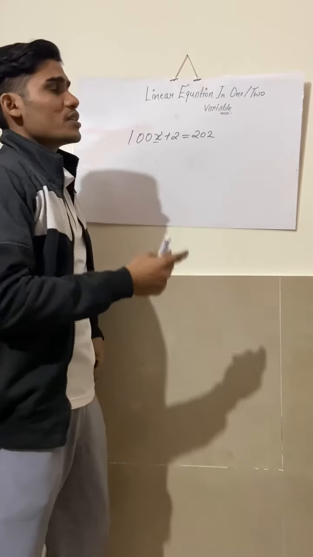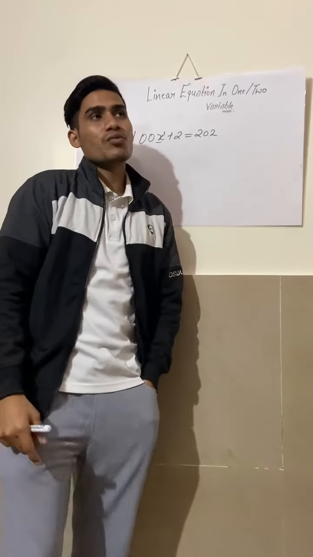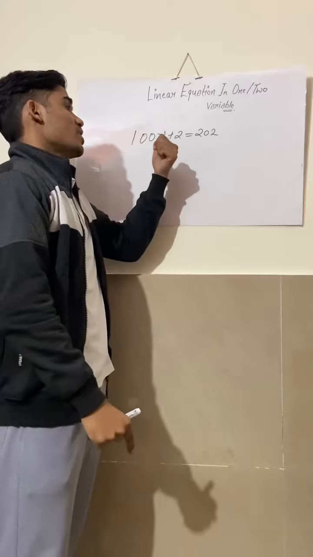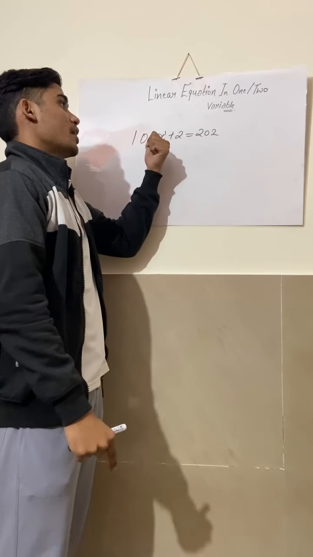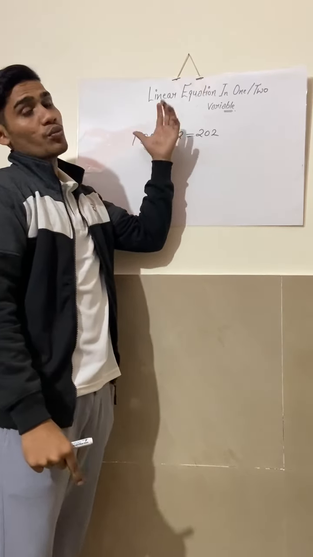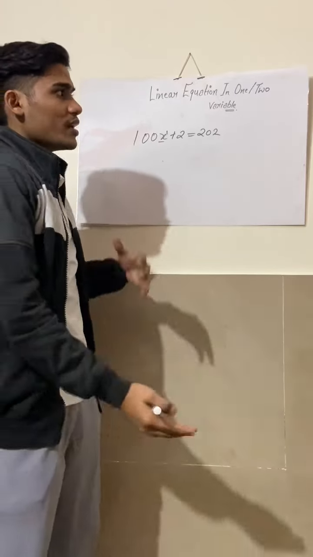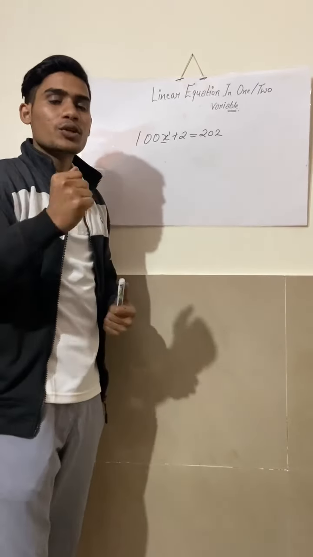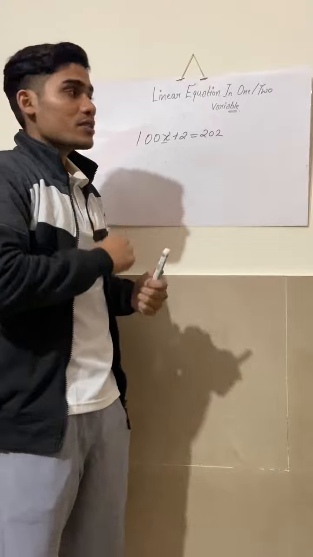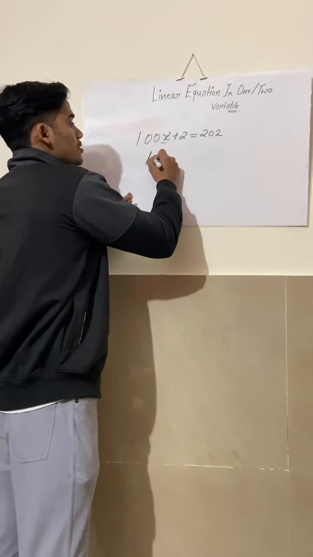Okay, now what is the solution of this x? Means what is the value of x, so that if you multiply that value to 100 and then add 2 to it, it makes 202. To find out the solution of this equation, we just need to apply basic mathematical operations like this.